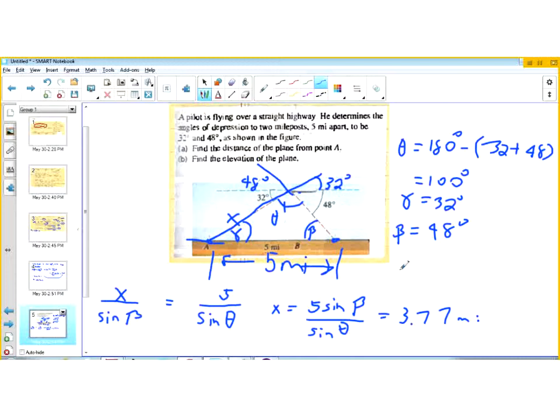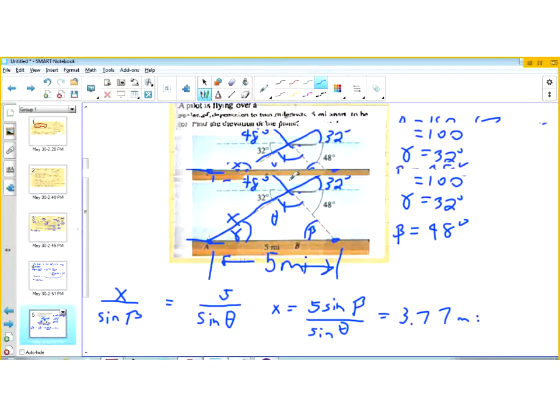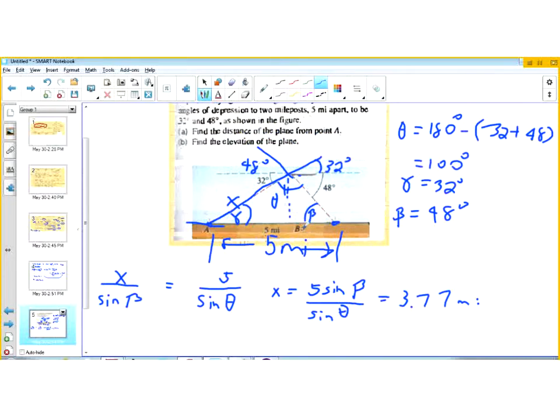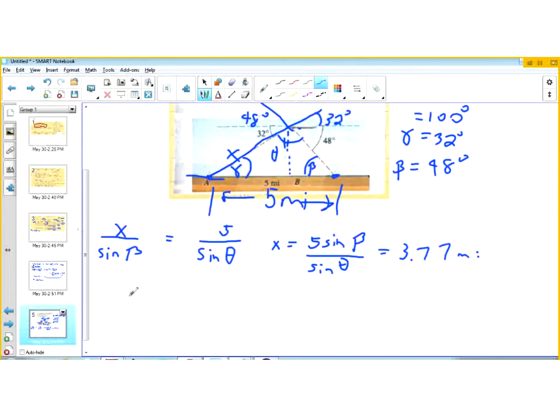Okay, all right. And so part B is find the height of the plane, the elevation of the plane. So that would be that side. Well, we know x, we know gamma. So we know that the sine of gamma is equal to opposite, which is h, over x.